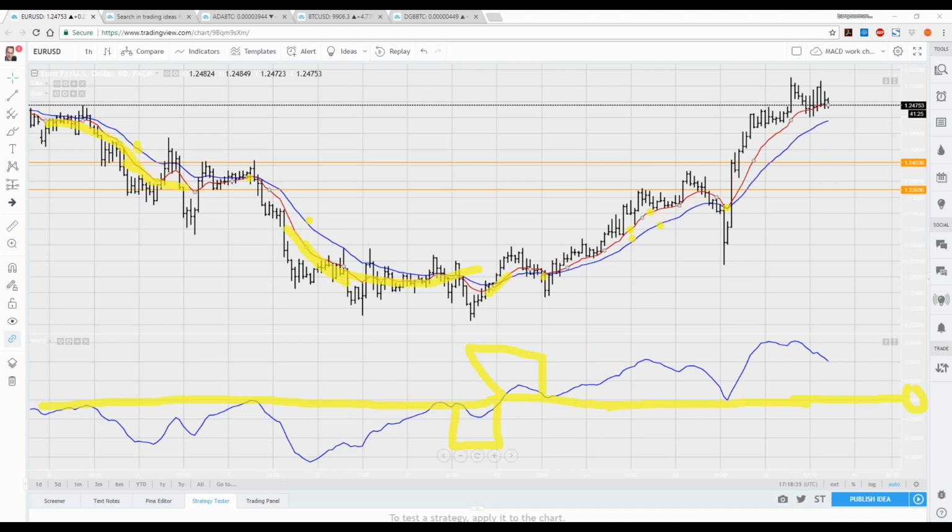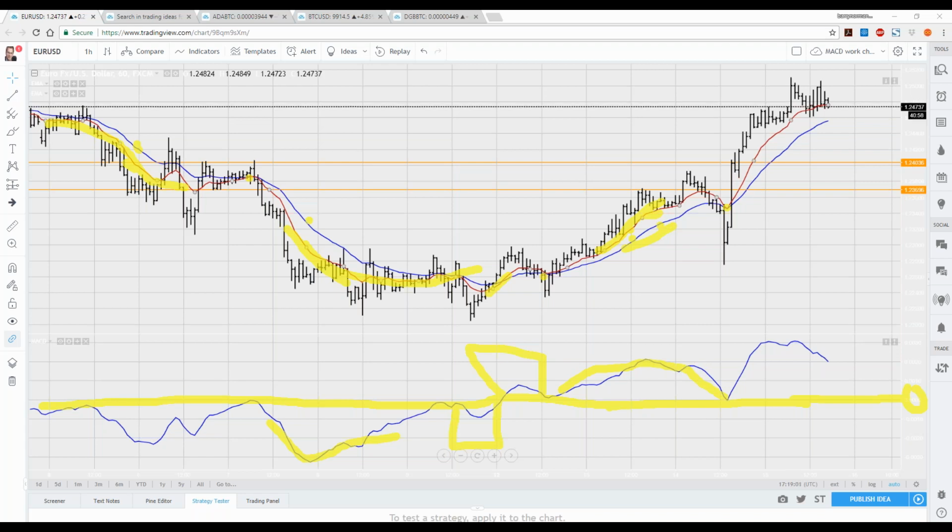So that negative number would always be plotted below the zero in whatever that negative territory is. When the 12-day moving average is higher than the 26-day moving average, it becomes a positive number because we're taking this number up here and subtracting that number, and so that number is positive.